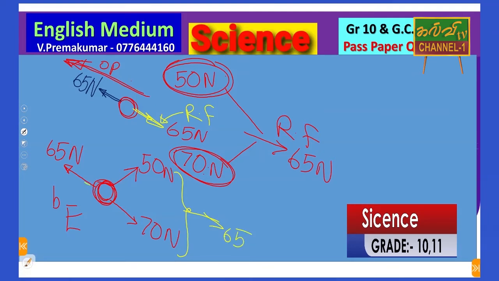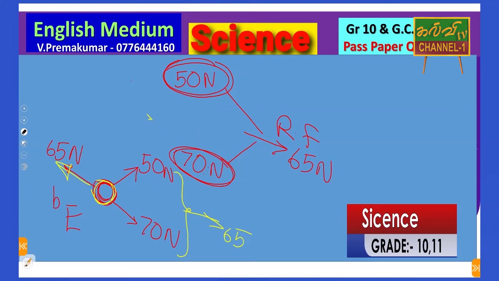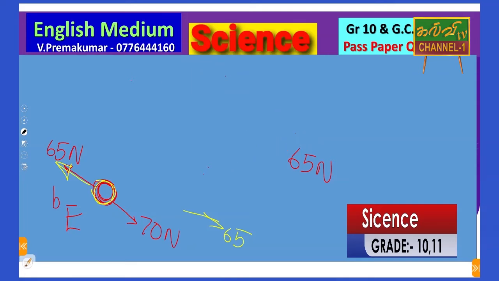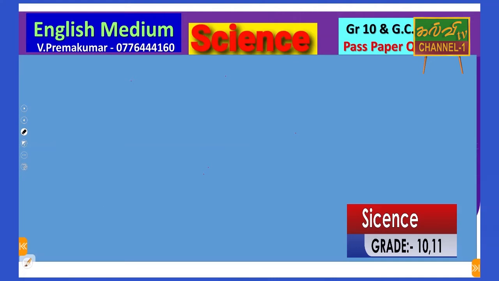Therefore, on the opposite side, when they use 65, it will be under equilibrium. So this theory I have introduced to you. When using three forces, for two of them we find the resultant force, which is 65. After that, I have to give the third force opposite to that 65.